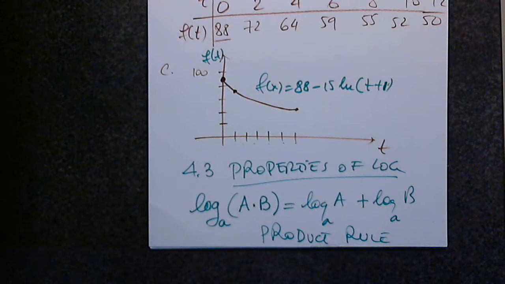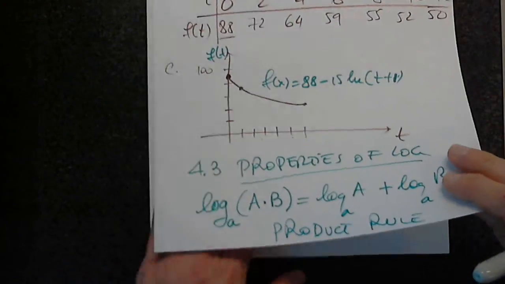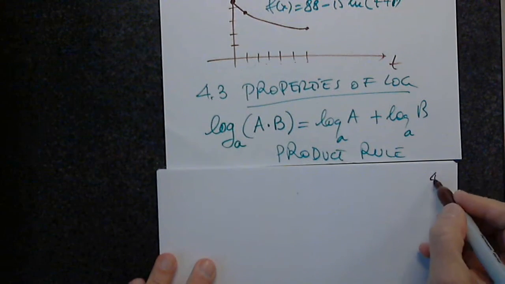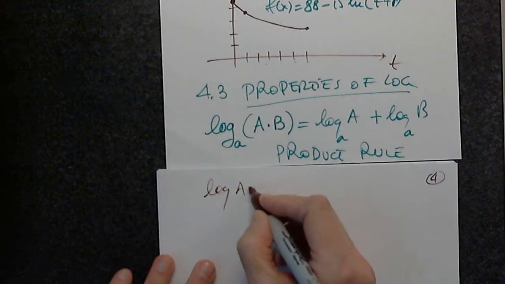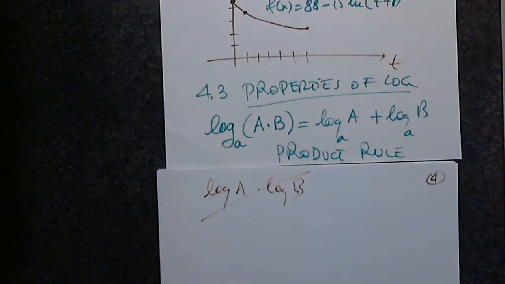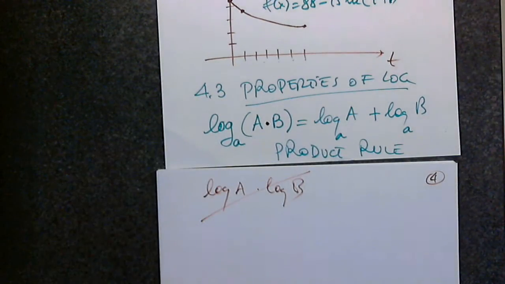Do not confuse this with log of A times log of B. That is not the same. They have nothing in common. So if you're thinking of something like log A times log B, this is not this property. This is log applied to a product.